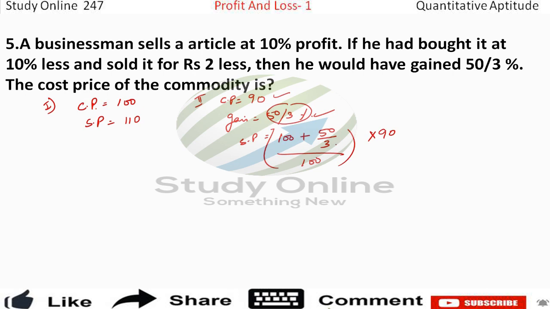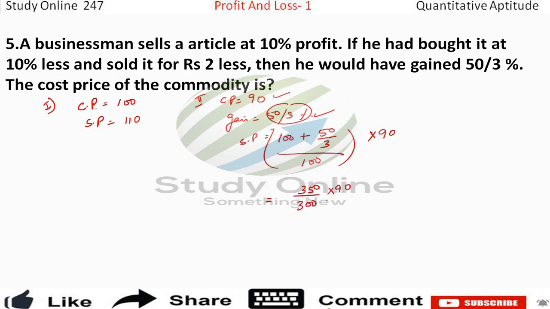So profit on the cost price gives the selling price. Okay, so after solving this, we get 300 plus 50, it would be 350 upon 300. So you can solve it like 350 upon 300 into 90.